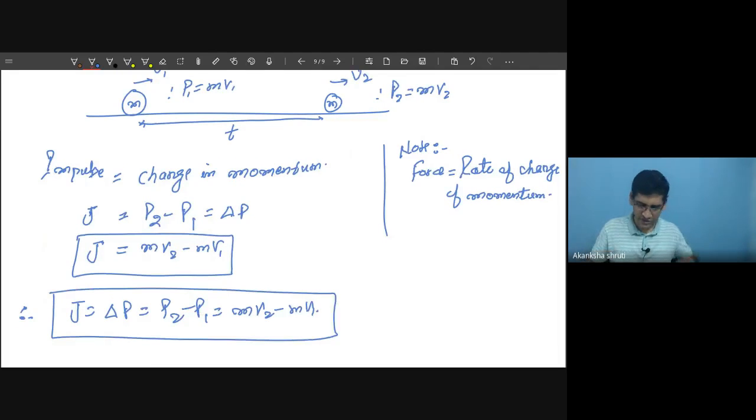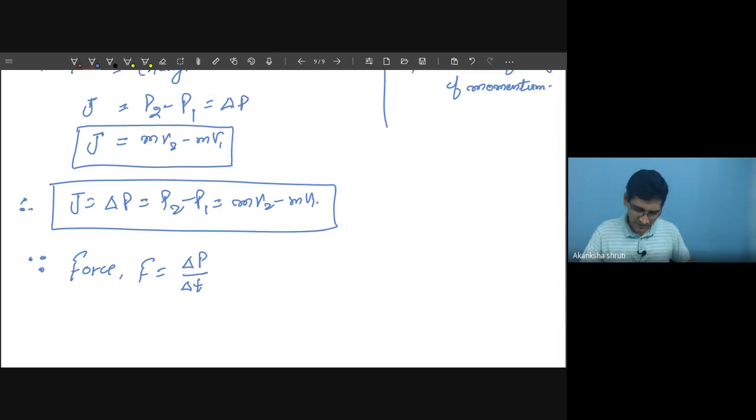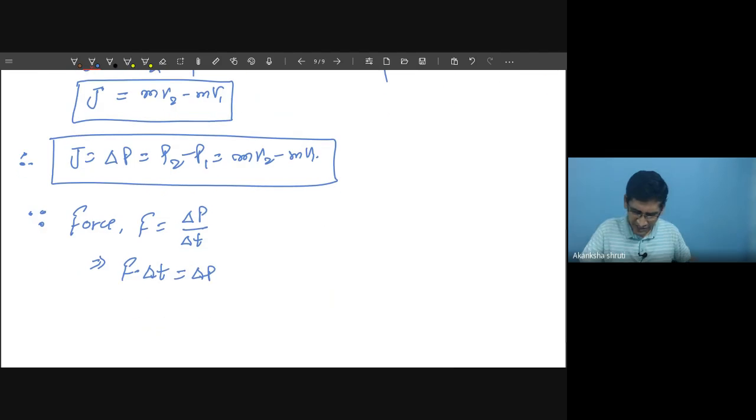Student, what is force? Force F is given by delta P by delta T. This we have learned. Then multiplying this F with delta T, we are able to get only delta P. Now this delta P is called J, the impulse.